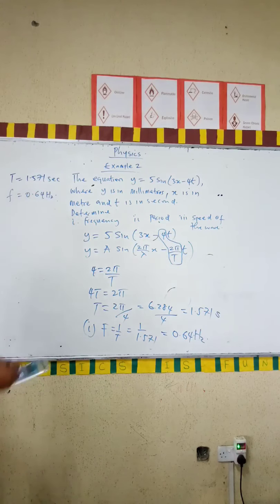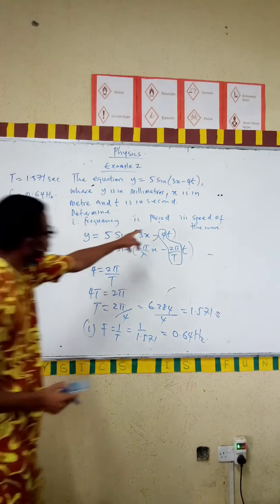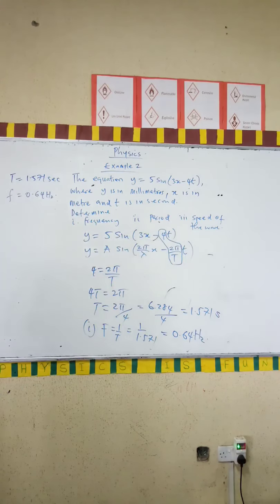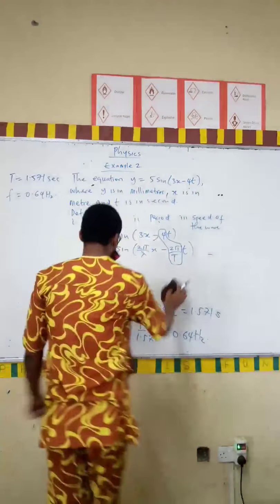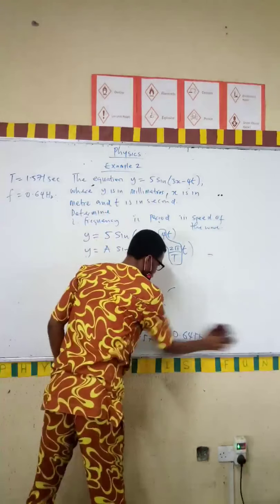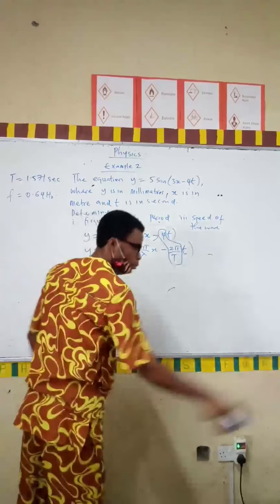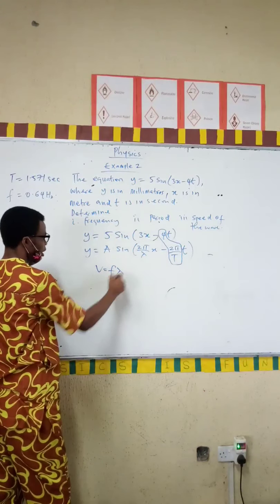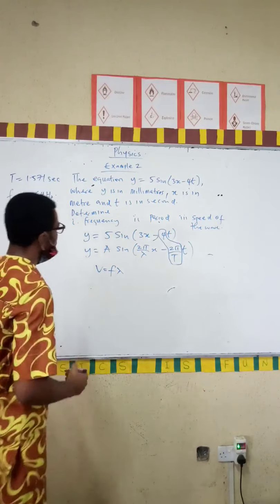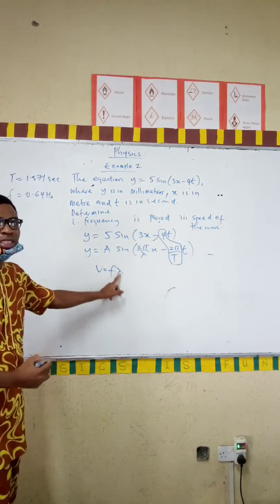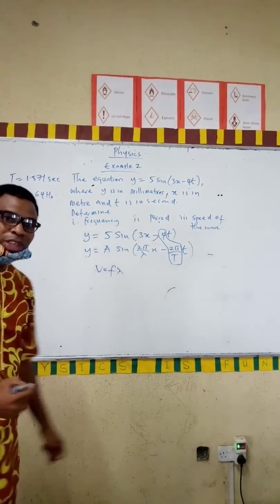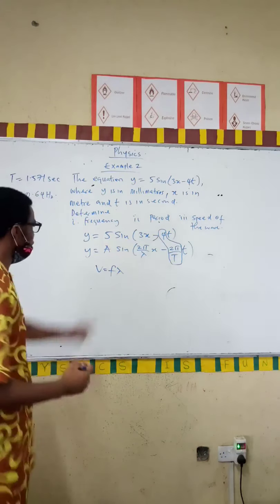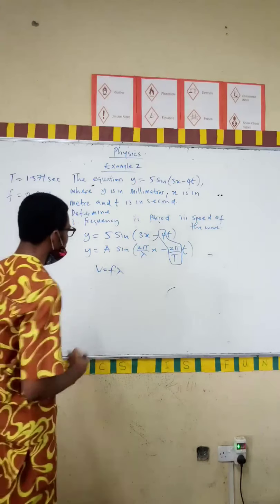So the last one, I've calculated period, so I can get my speed of waves. To get the speed of wave, as usual, use the formula for wave, V equals f lambda. We don't have wavelength, so we need to calculate our wavelength. Is that okay? As usual, you take this and this.